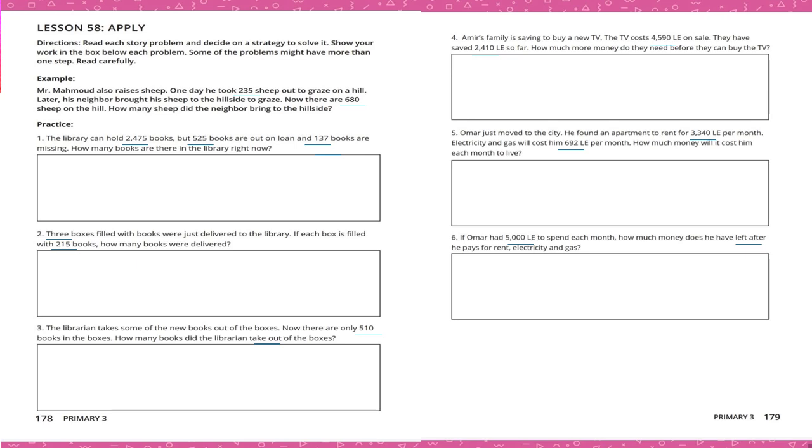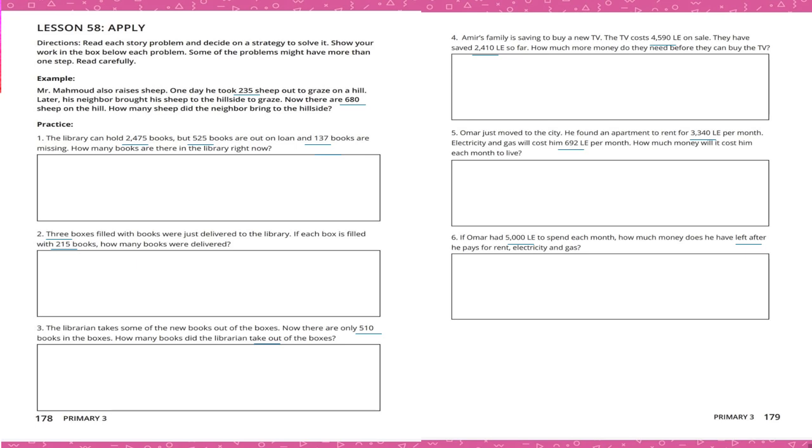Here we will use the same way. I have the total and the number of sheep of Mr. Mahmoud. We wanted to know the number of sheep of the neighbor. So the equation should be 235 plus the number of sheep of the neighbor equals 680.